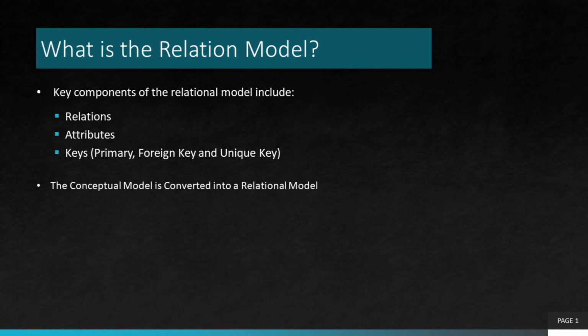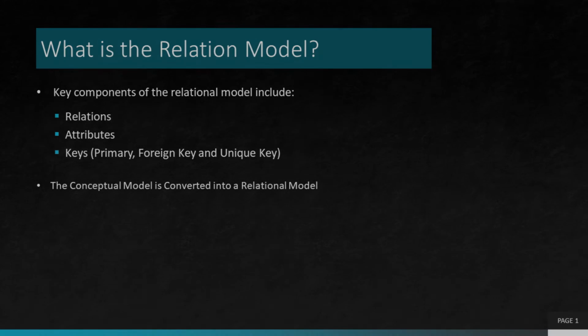Constraints such as entity integrity, ensuring primary key uniqueness, and referential integrity, ensuring relationships between tables are maintained, are commonly used. This is where we introduce keys such as the primary keys, foreign keys, and unique keys.